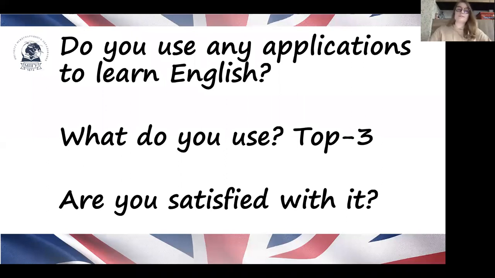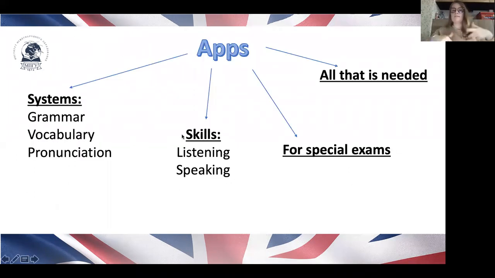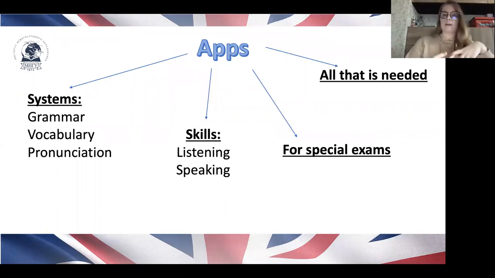I'm not a suicide actually, to give a 3-hour speech about all of them. But I'll try to do my best. As I said, I decided to divide my speech into different rubrics. The first one is systems, how you can master your grammar, vocabulary, and pronunciation. Then skills, especially listening and speaking. I haven't covered writing and reading because these skills are included in some other apps that you will see today.